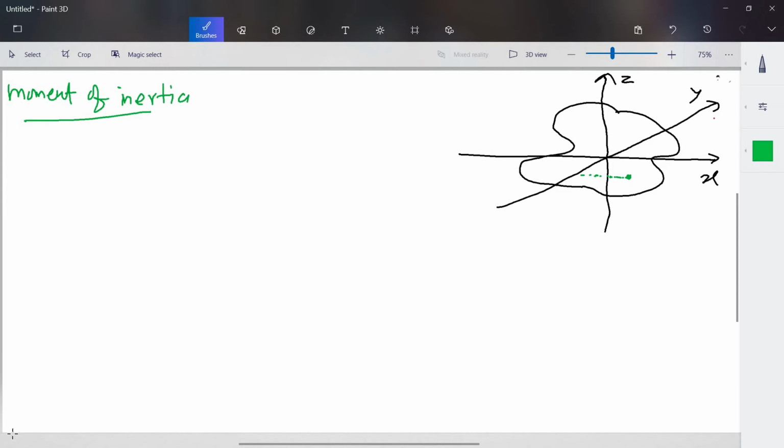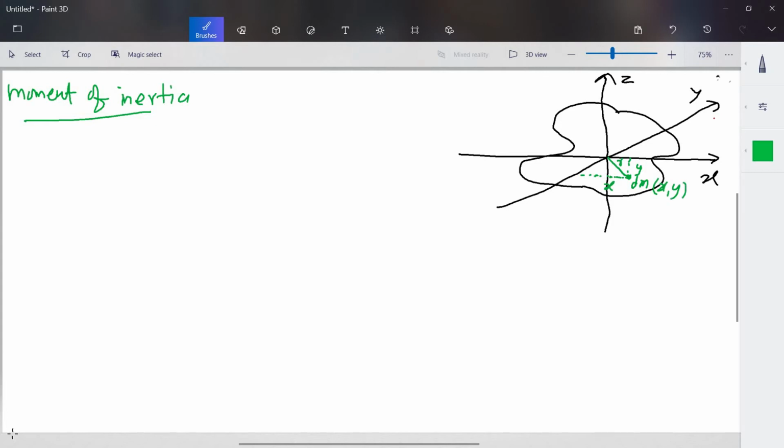This distance we call x, this distance we call y, and the distance from the center we call r. This is the resultant, and this is the mass dm at the xy plane.